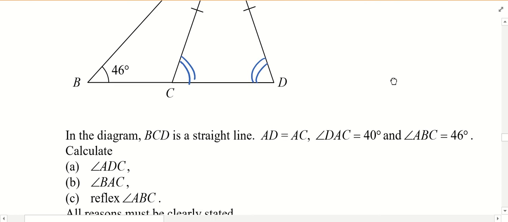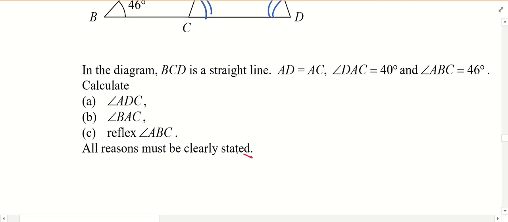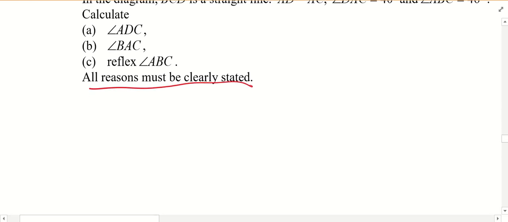Of course, all your reasons must be stated clearly, so don't forget. Let's write down part A over here.